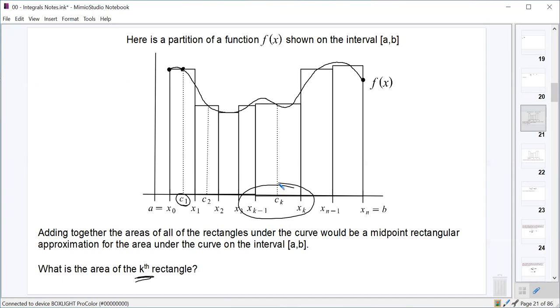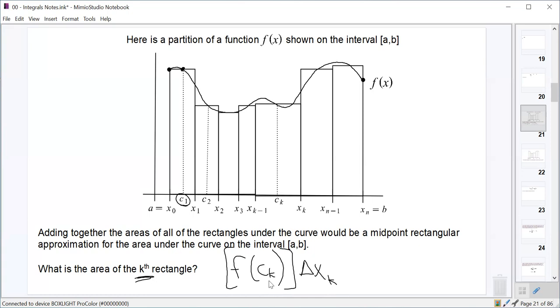Well, the area of that should just be the height of that rectangle, which would be f of c sub k, and then the width of it would just be the change in the x value in the kth subinterval. So f of c sub k times delta x sub k should be a value for the area of that kth rectangle.